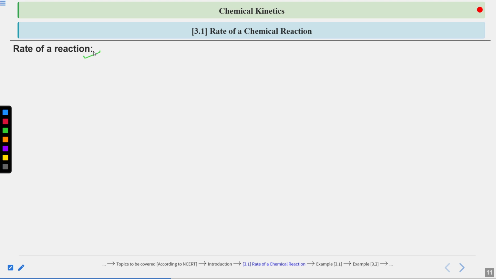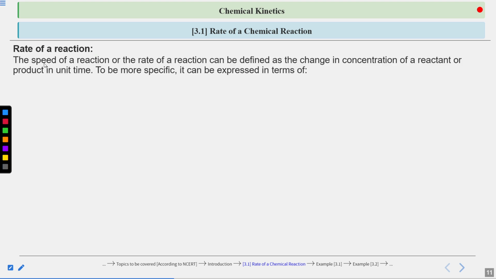Continuing on this topic, the speed of a reaction or rate of a reaction can be defined as the change in the concentration of a reactant or a product in unit time. Now, how can you define the speed of a reaction?